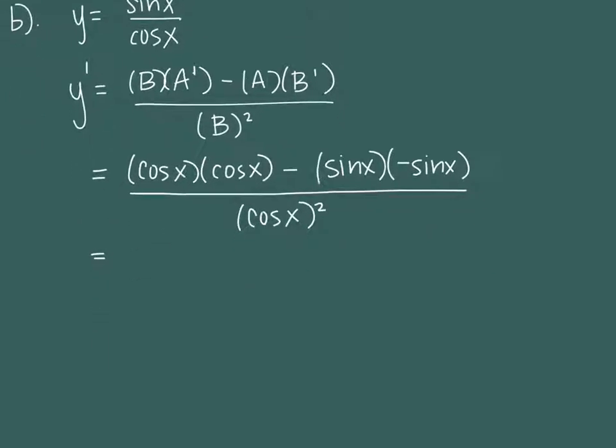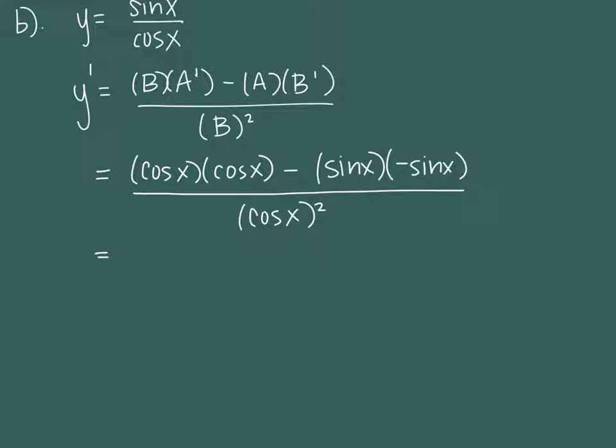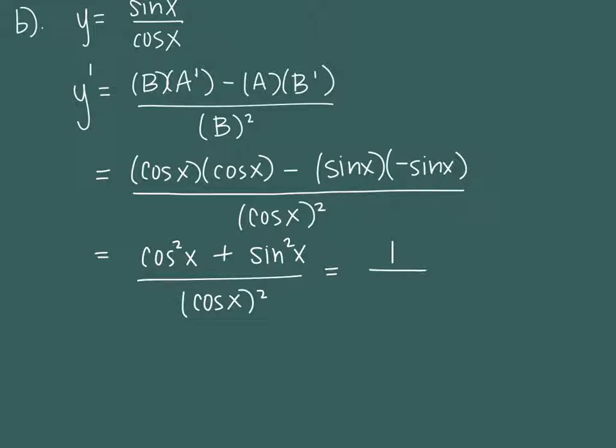So what's cosine times cosine? Cosine times cosine is anything times itself. It's cosine squared. Okay. All right, what comes next? Plus sine squared. Ooh, anybody remember what cosine squared plus sine squared is? Good, that's the Pythagorean identity.